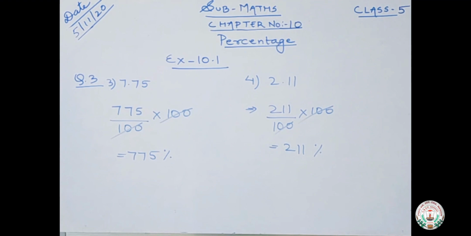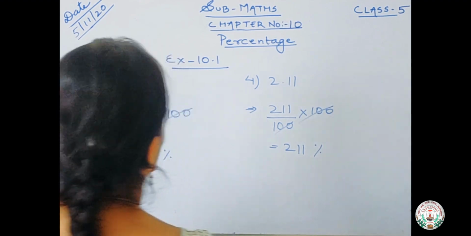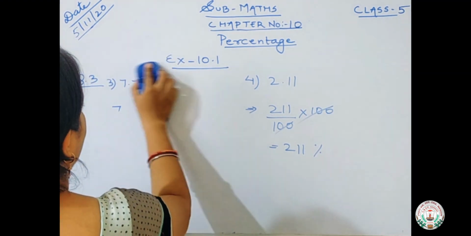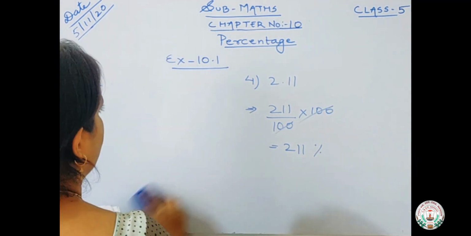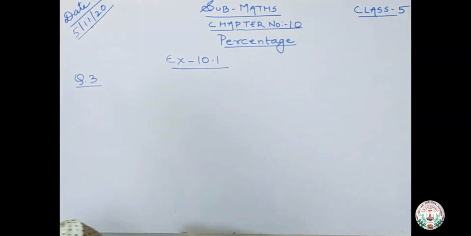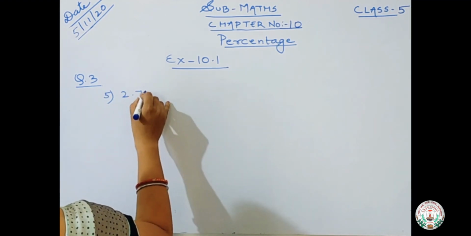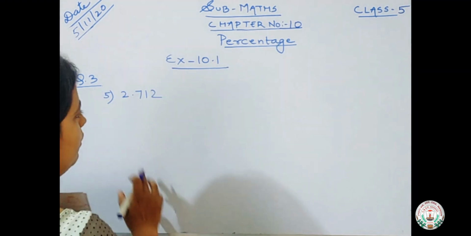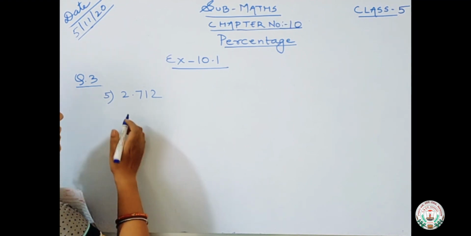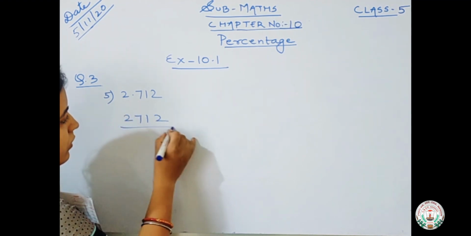Fifth one is 2.712. Number 5 is 2.712. As you can see here, first we are removing the decimal. How many numbers are given after decimal? 3.